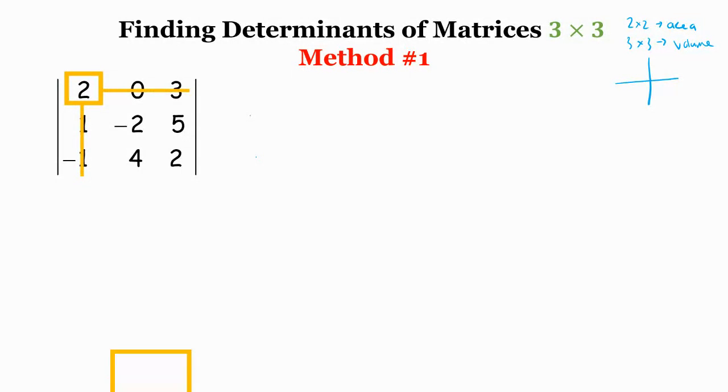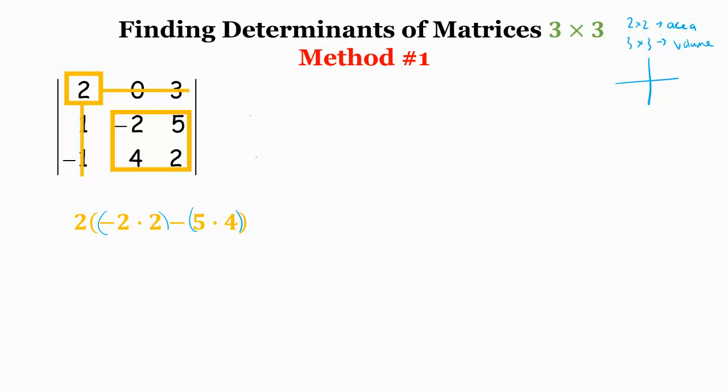And right here, I'm going to be finding the determinant of this, this little 2x2 matrix almost. So I've got 2 times -2 times 2 minus 5 times 4. I should have put parentheses. Sorry, guys.